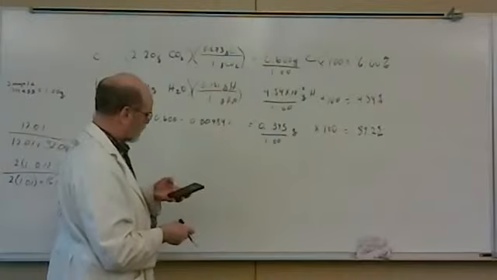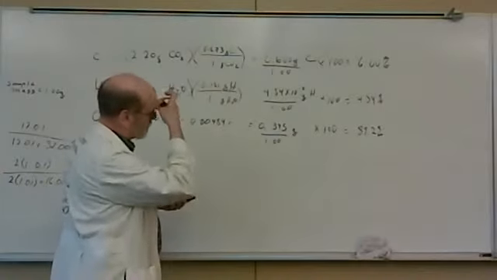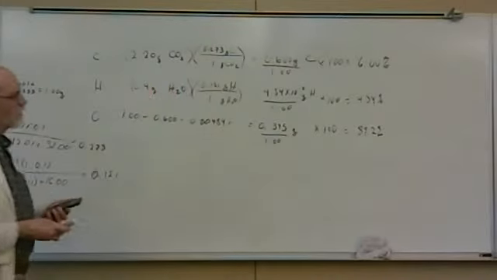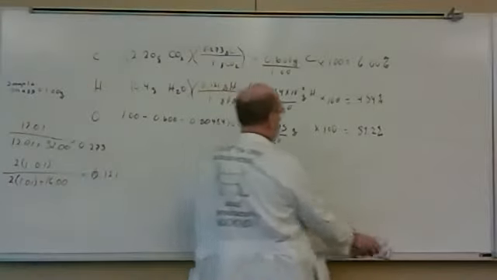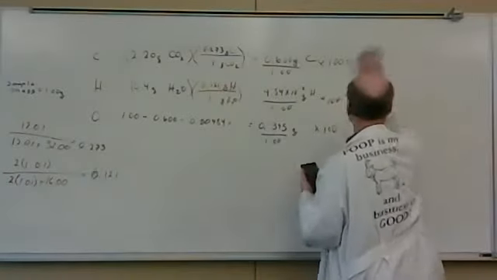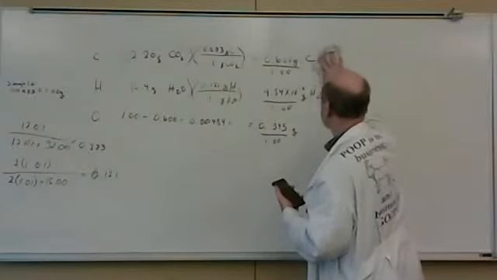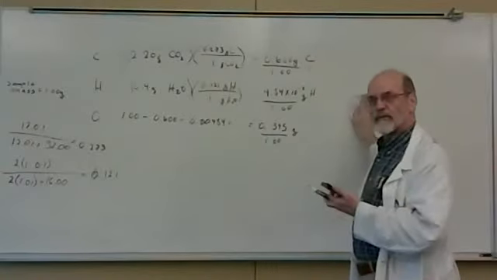Yeah, 0.395 grams. You know, I think I'm going the long way around here. All I really need is not percentages, is it? Because as long as you've got grams, you can convert it to moles.